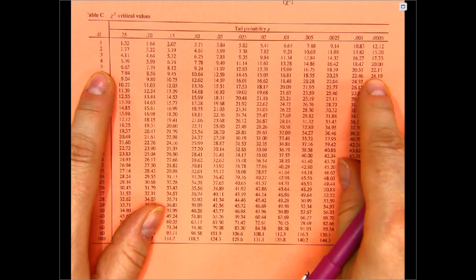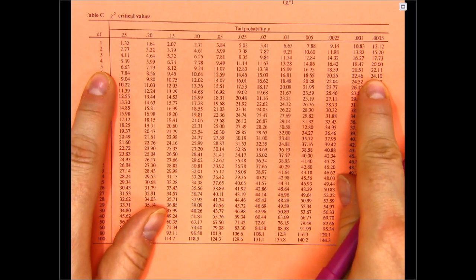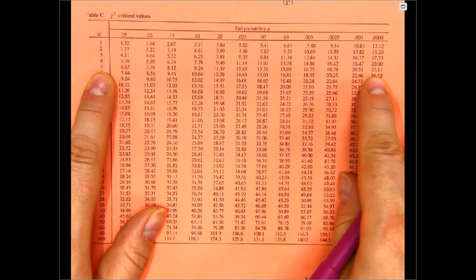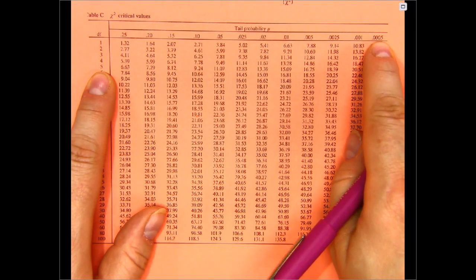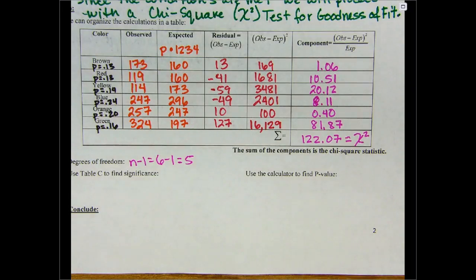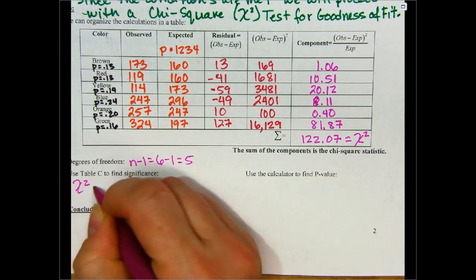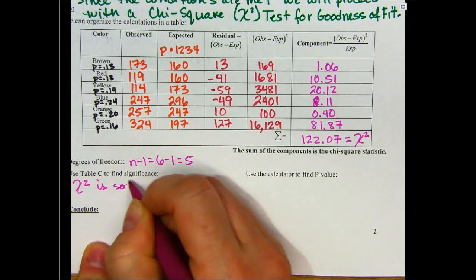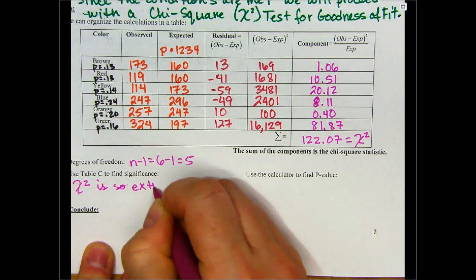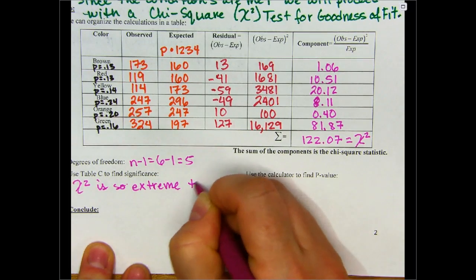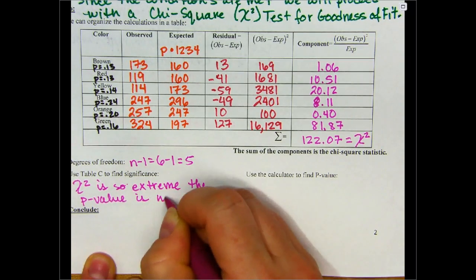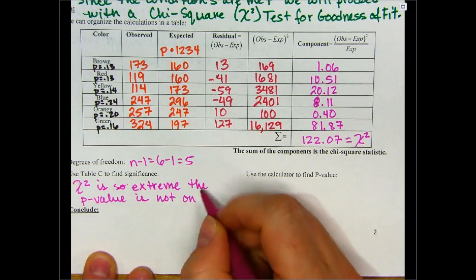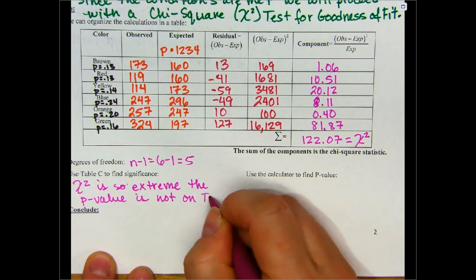But our test statistic is so huge, so extreme, that we can't even find the p-value on this table. It's too big. The p-value is not on table C.